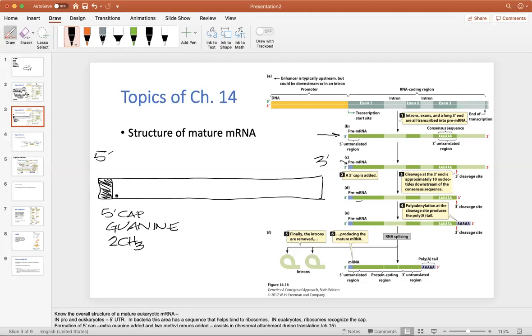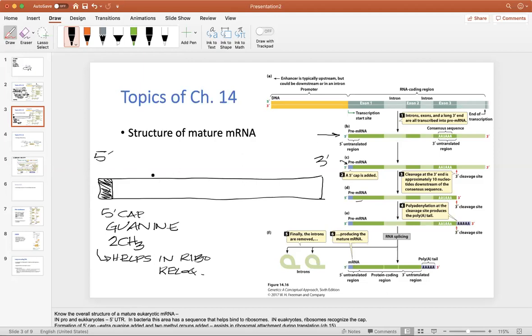So we've chemically modified this cap. The function of this cap is that it helps the ribosome recognize the mRNA. So it helps in ribosome recognition. We're going to learn more about that a little later, okay? So this is going to be a place where we can get translation started, all right?